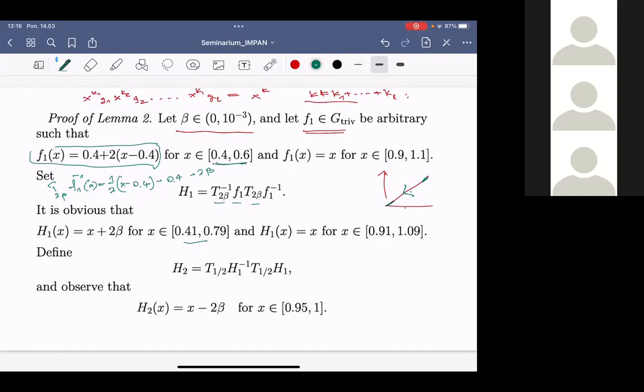So if we take f1 of this, this will be twice this. And if we take minus 2 beta, this will be minus 2 beta. So we see that this will be 4 beta minus 2 beta, so it will be x plus 2 beta.